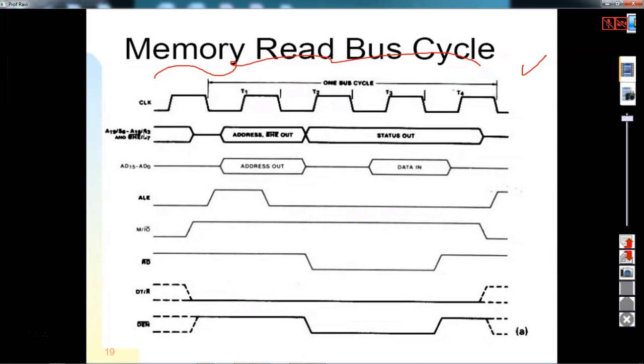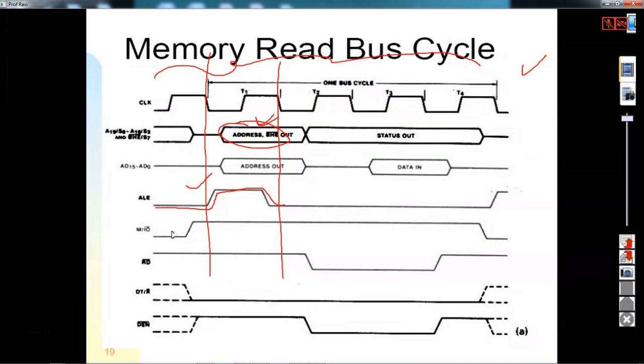So the processor places the address during the first clock. In the first clock the processor places the address, then the processor releases a signal called ALE during the first clock cycle. During this time, the bus address is available.